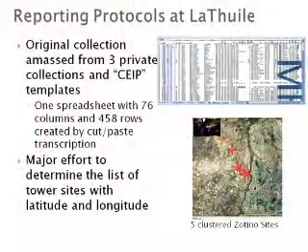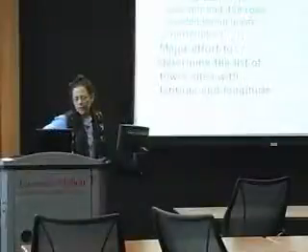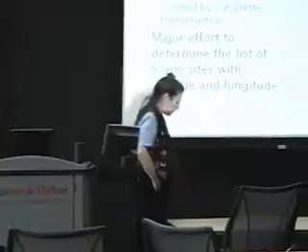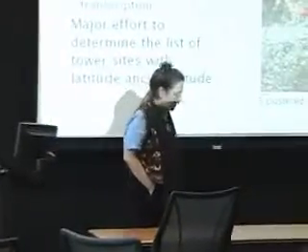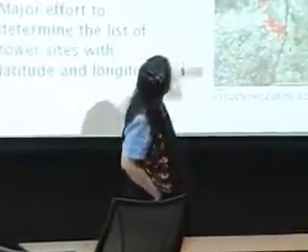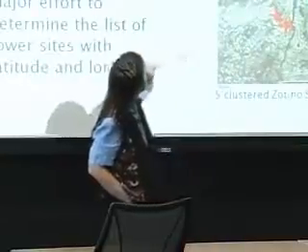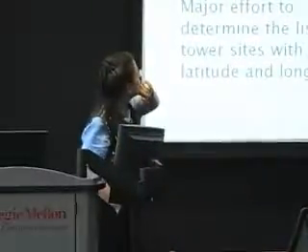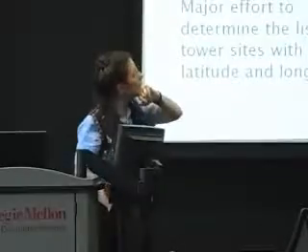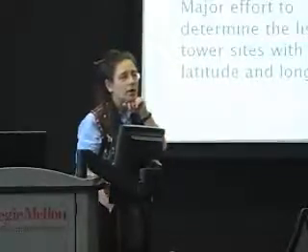Well, we started in early 2007 at the Latouille conference. And the original Latouille collection was harmonized by two people who had a ginormous spreadsheet with 76 columns and 458 rows. And cells were cut and pasted and cut and pasted and cut and pasted.